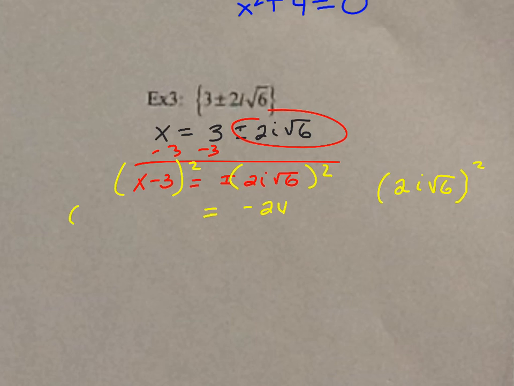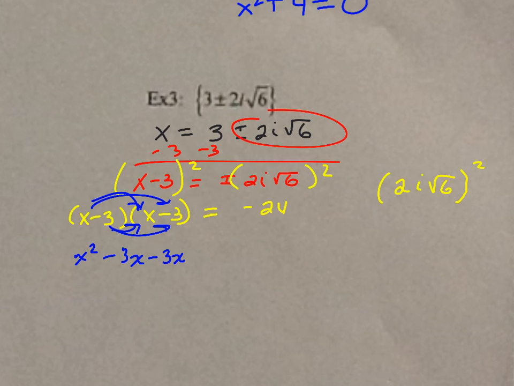Now x minus 3 squared is x minus 3 times x minus 3. And now we're going to distribute. x times x, x squared. x times negative 3, negative 3x. Negative 3 times x, negative 3x. Negative 3 times negative 3 is positive 9. Equals negative 24.